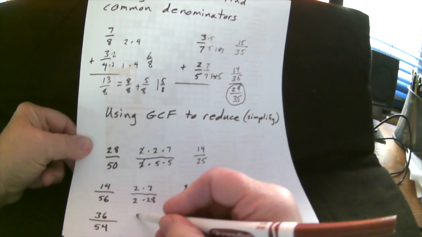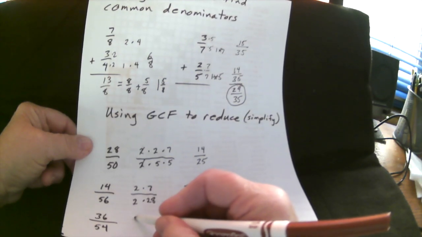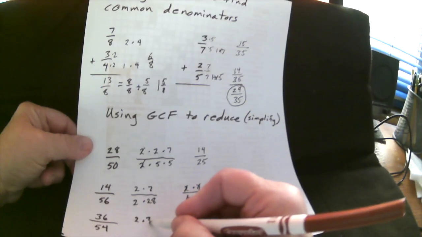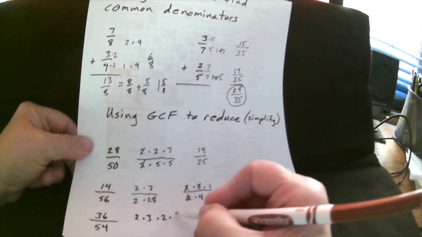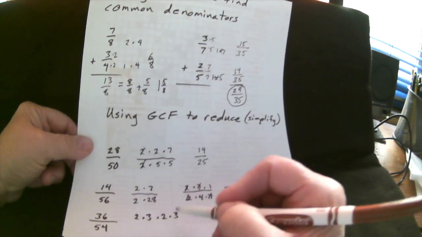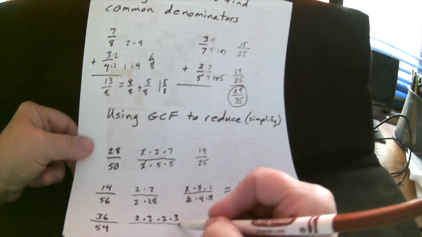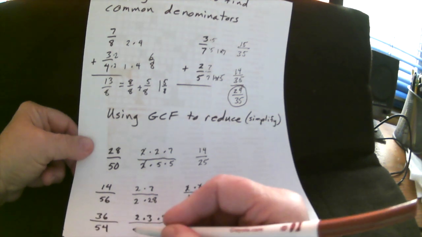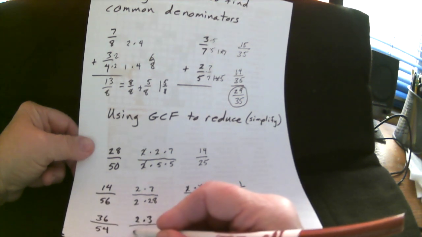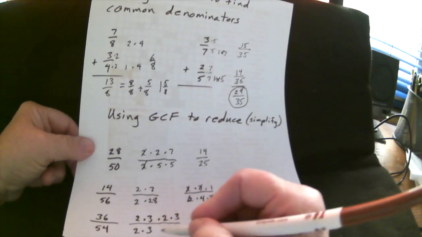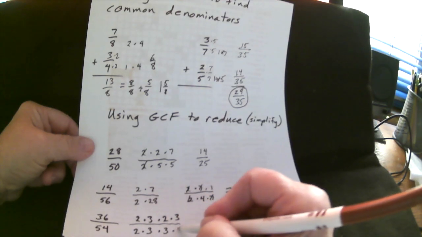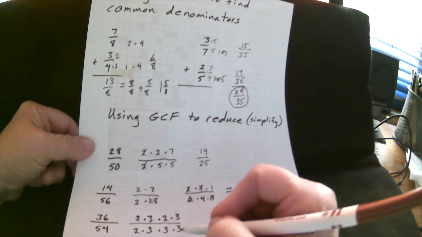36 over 54. That is 2 times 3 times 2 times 3. 6 times 6. And 54 is 2 times 3 times 3 times 3. 6 times 9.